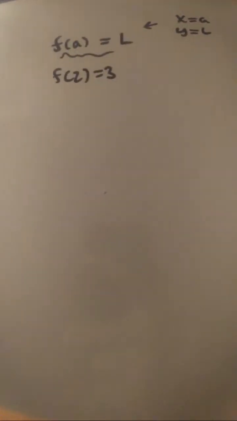So this statement right here is saying when x equals a, y equals L. Remember, a and L could be any numbers. So pretend like it said f of 2 equals 3. If we see this statement, remember what that means? That's saying when x is 2, y is 3. But these two things are not the same. The limit is not the same as this, and we'll see pretty soon why.